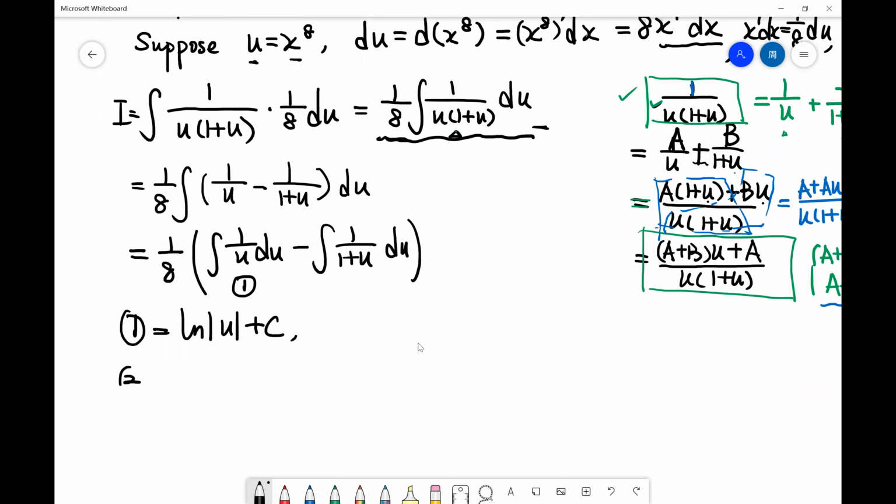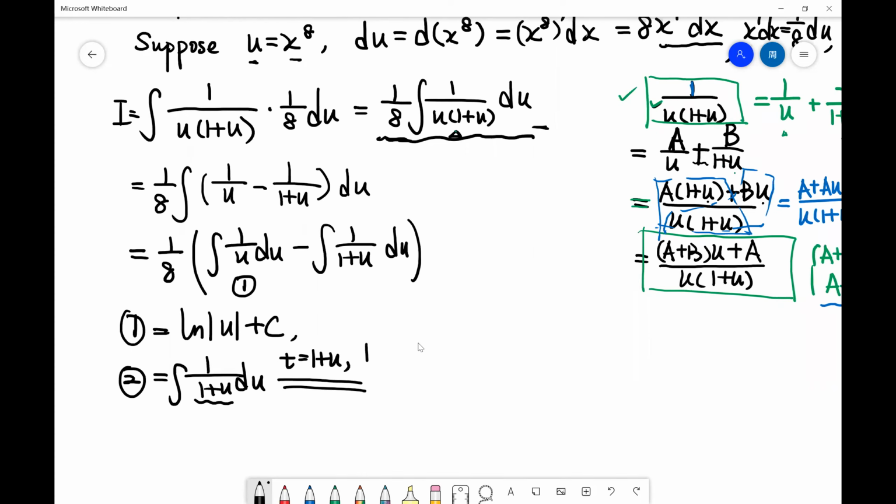And for the second one, that is 1 by 1 plus u du, here you can let t equals 1 plus u here.